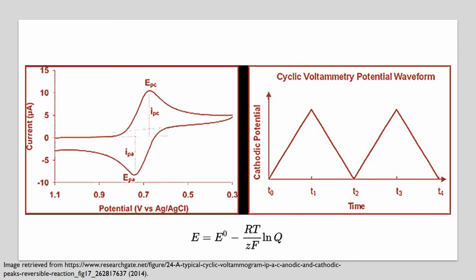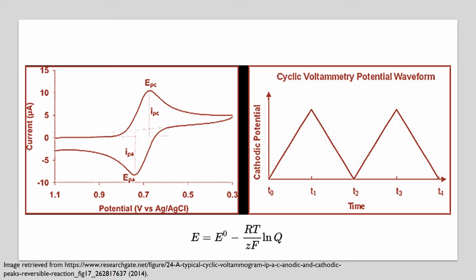The voltage at which these peaks occur can be used with the Nernst equation, which is at the bottom of the screen, to estimate the reduction potential of the analyte. The potential at the peak of the cathodic trace is denoted EPC, while the potential at the peak of the anodic trace is EPA.